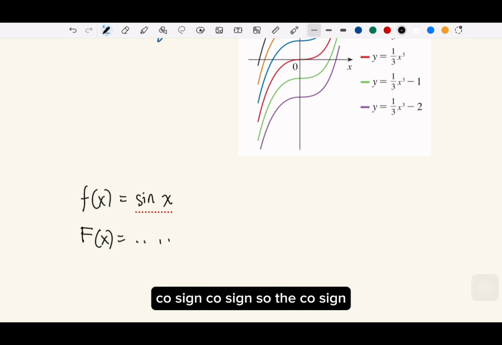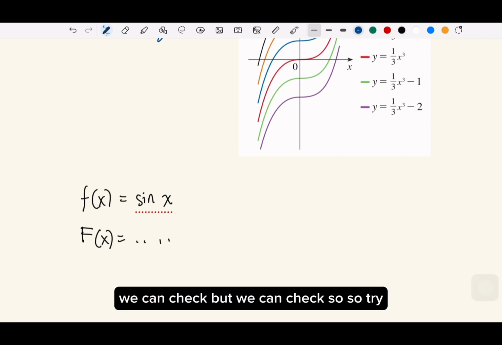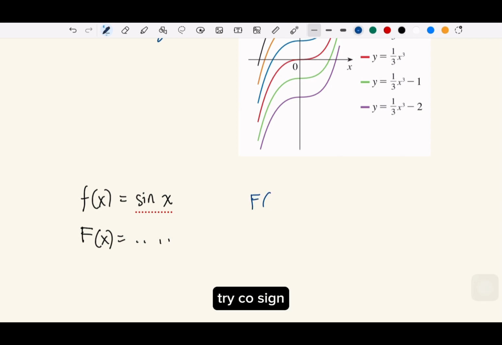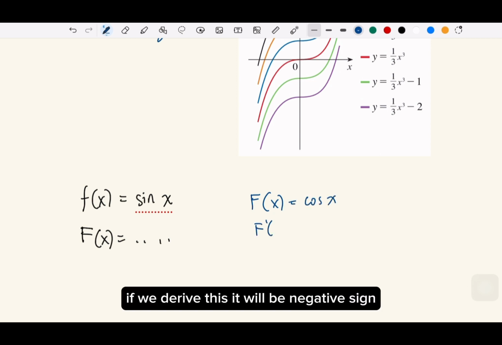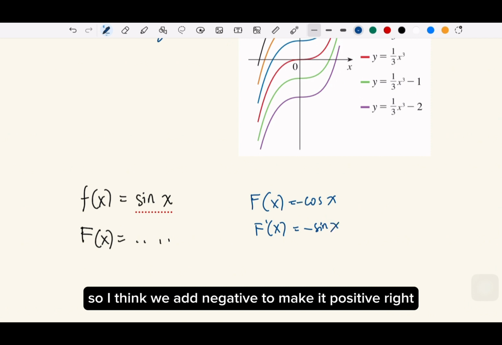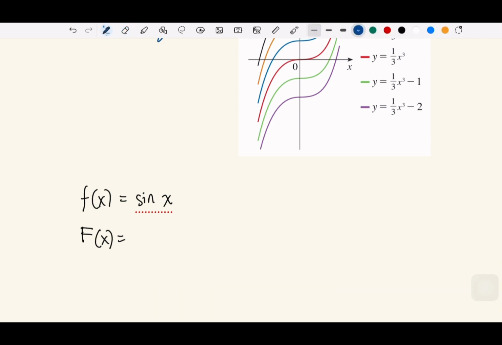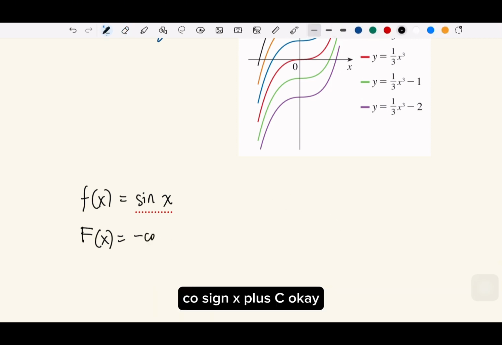So try cosine. If we derive this, it will be negative sine. So I think we add a negative to make it positive, right? So the antiderivative of sine becomes negative cosine x plus c, okay?